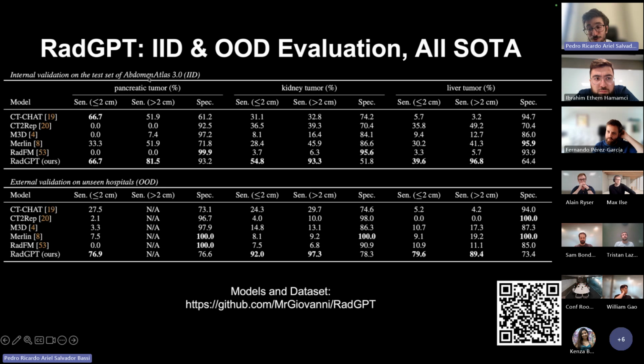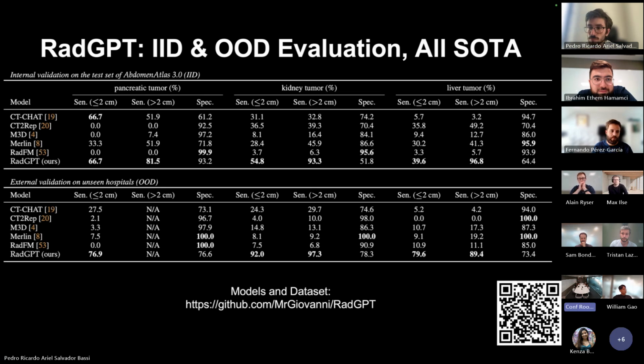Many of these public data do not have the information about the scanner and all these important metadata. However, we are very sure there is a big shift because, for example, a large part of our training dataset comes from Asia, much from China, and this external test dataset is all from one hospital in the US. So there is a shift in population for sure.